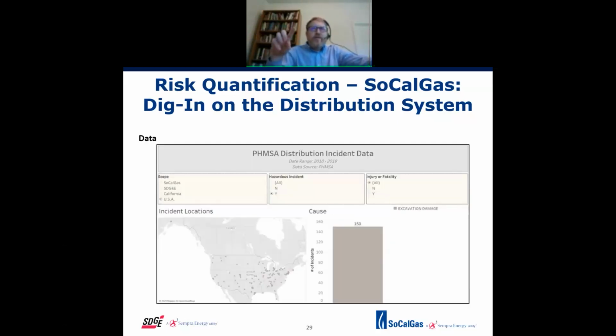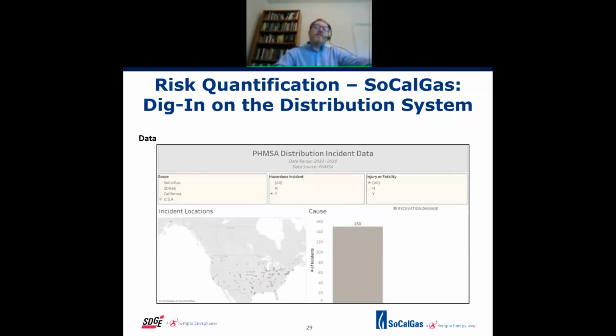It's a little bit faint, but what we're showing here is a dashboard of the data that we're using. And this one comes from the PHMSA database where all the incidents occurred. This just helps us get a handle on where the data is and what type of event it is. As you can see, in true dashboard fashion, you can turn some of these things off and on. Hazardous event, again, asks whether there was a fire or an explosion, and then injury or fatality is another one.